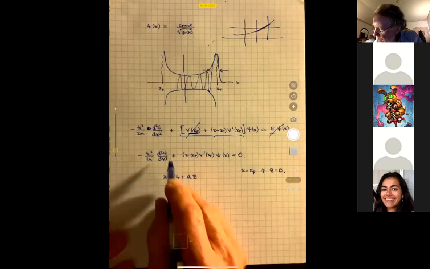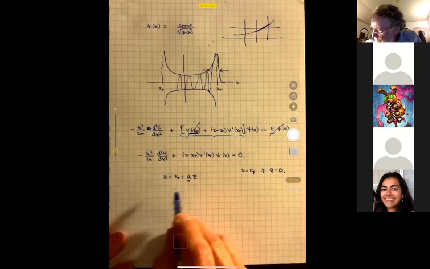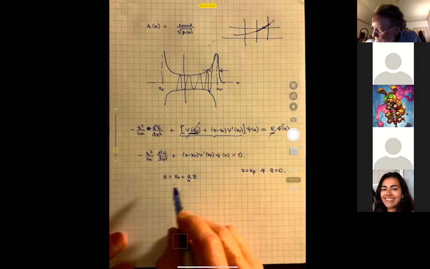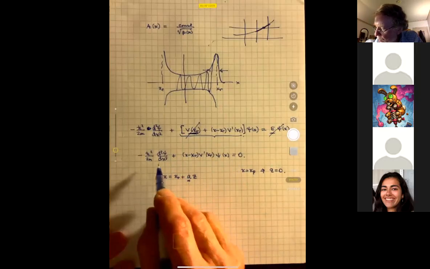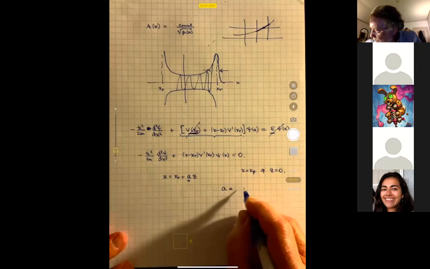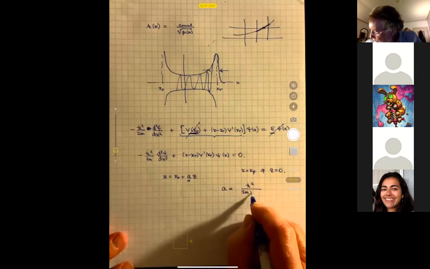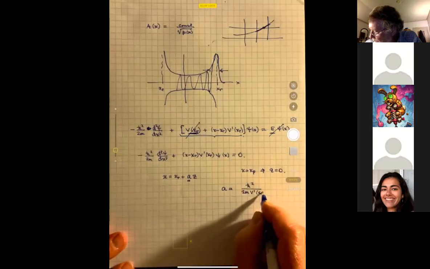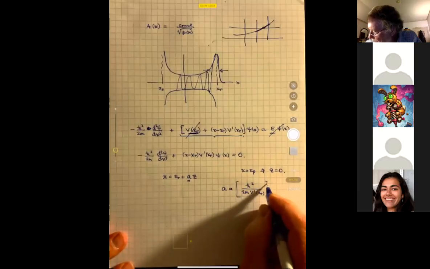If you substitute this into the Schrodinger equation and you choose the value of a properly, you can clean up the equation quite a bit and basically make a absorb all these constants that are in there. The nicest choice that works for this is to take a equal to h bar squared over 2m times V prime of x_R at the turning point, to the 1/3 power.